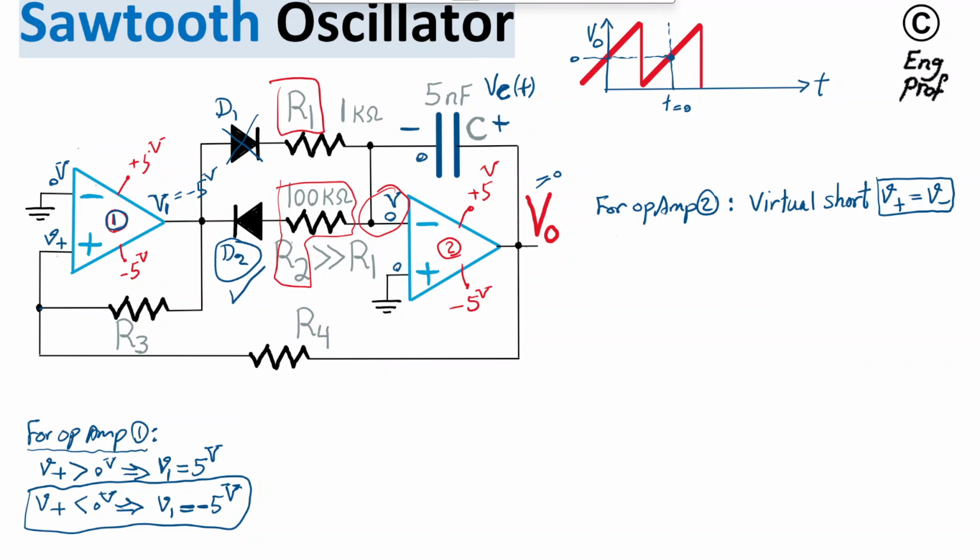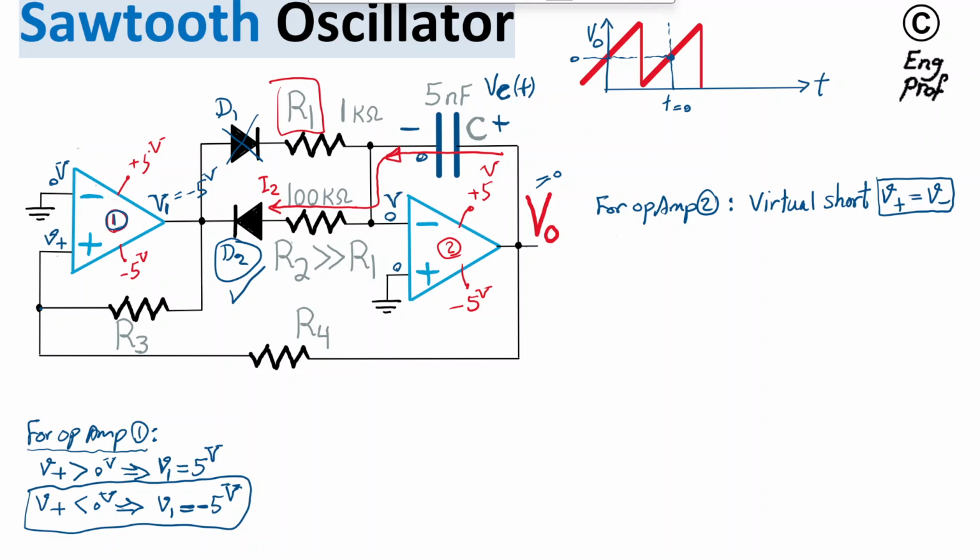As a result, there is a current, let's say I1, or rather I2, because we're talking about diode number 2, that is passing through this 100K. Nothing can go through the negative terminal of the ideal op-amp because it has infinite impedance, especially for this op-amp that is in the linear region of operation. So that should come through the cap like this.